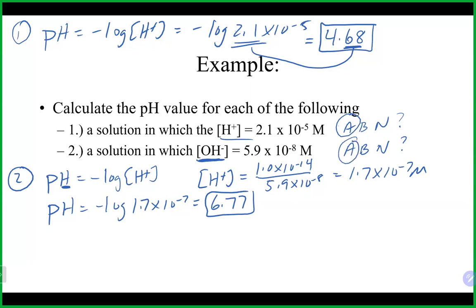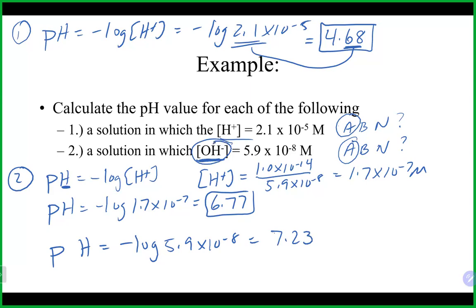By the way, if you ended up with this answer by just popping in there the number that was given to you, and you ended up with a number like 7.23, that is obviously not the pH in this case, but it is something. So you're only a couple of slides early.